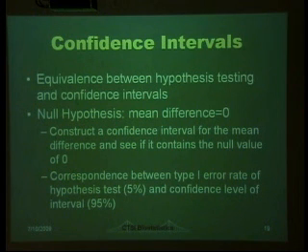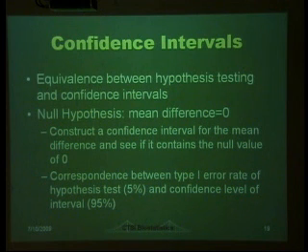lots of parameters? Well, we can think about the equivalence between hypothesis testing and confidence intervals here. One way of testing a null hypothesis, say a null hypothesis that a mean difference is 0, would be to construct a confidence interval for the mean difference and see if that confidence interval contains the null value of 0. So if the confidence interval is entirely above 0 or entirely below 0, then that would tell you that 0 is not a plausible value for that mean difference, and so you would reject that null hypothesis.